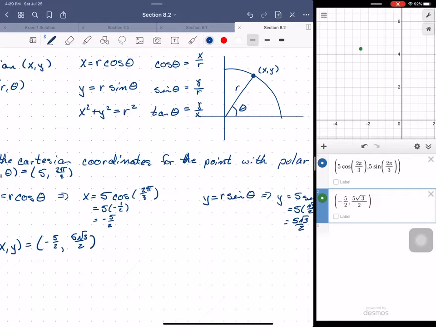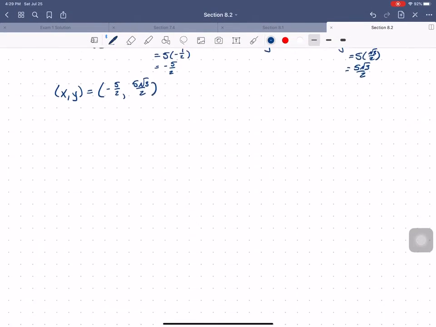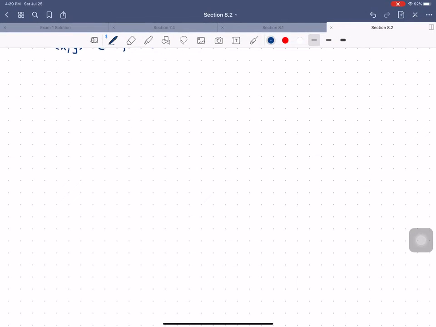Okay. So that's going from polar to Cartesian. Let's go the other way.